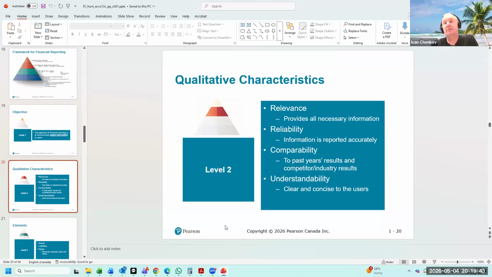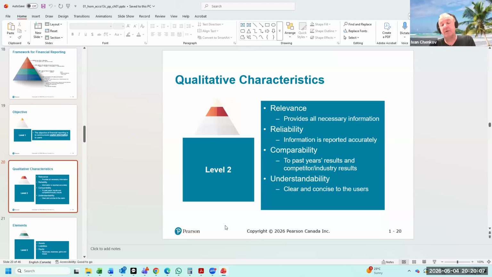Can I compare it? Can I compare company to company, or the same company across different periods of time? Are you treating the same events in the same way, or are you changing your mindset from one event to another? The last thing is, can I understand it?